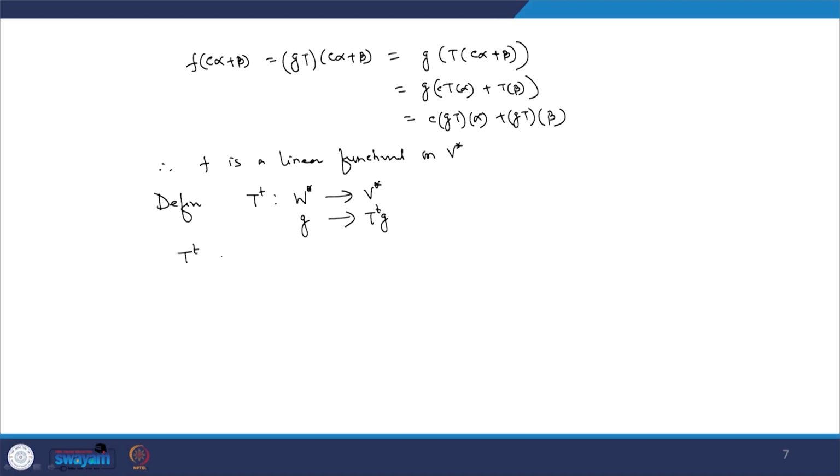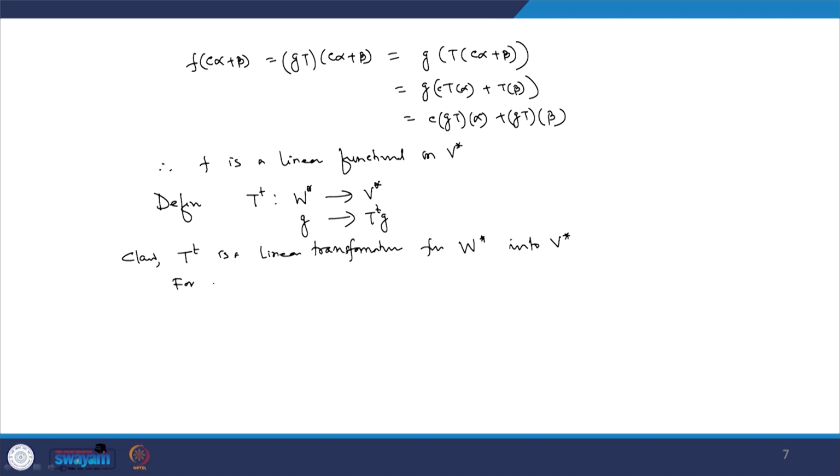Claim: T t is a linear transformation from W star into V star, please. Okay.